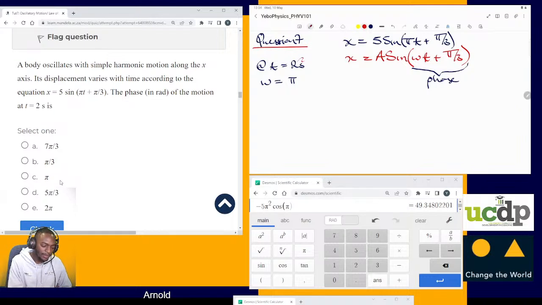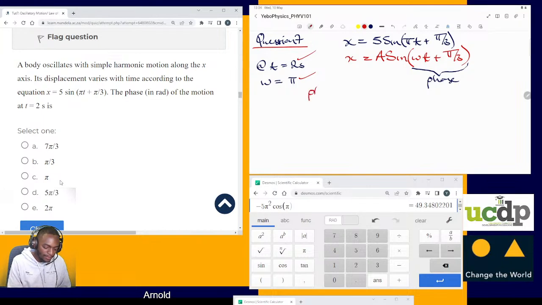And we've been given that t is 2 seconds, and now we've got our angular velocity. So what's requested of us is just to sum that up.